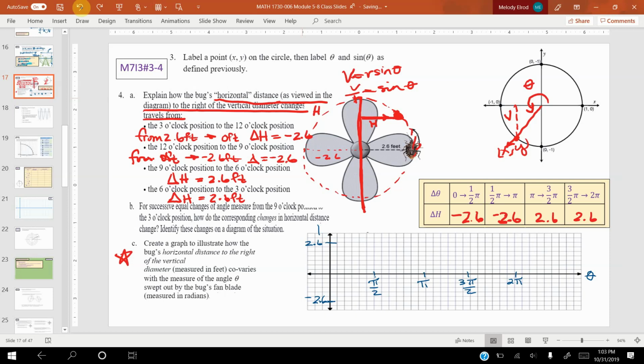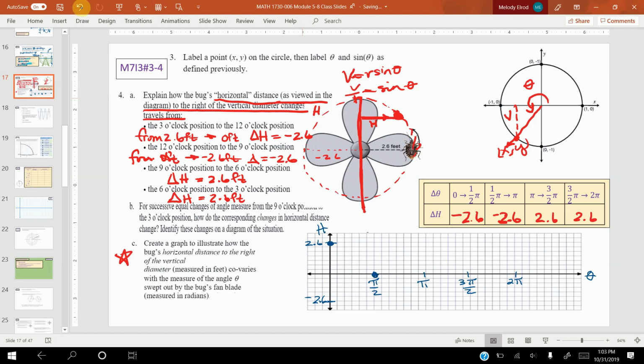That'll work. Okay. So at 0, at the 3 o'clock position, I am 2.6 feet from the vertical diameter. At the first quarter rotation, up here at the noon position, I am on the vertical diameter.